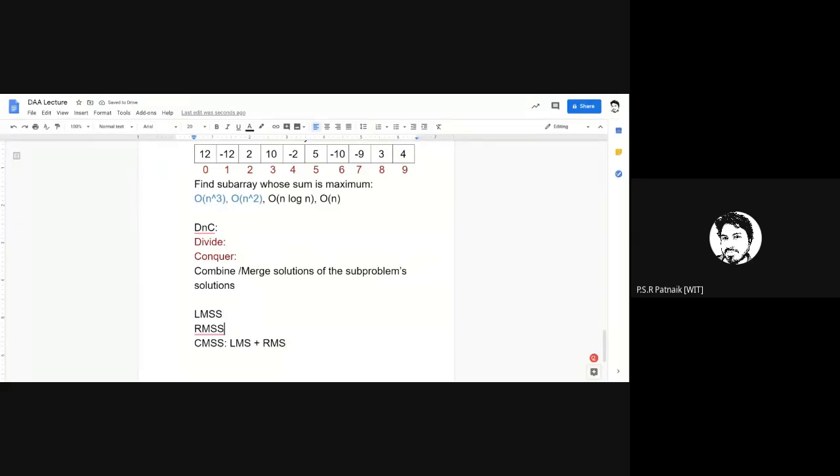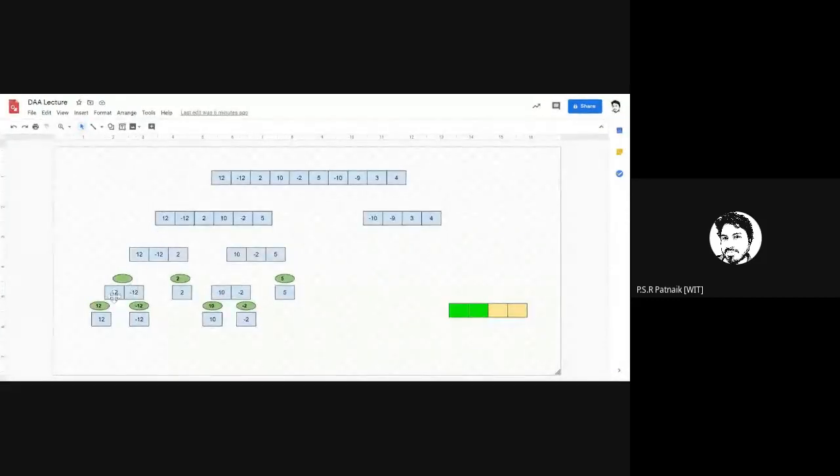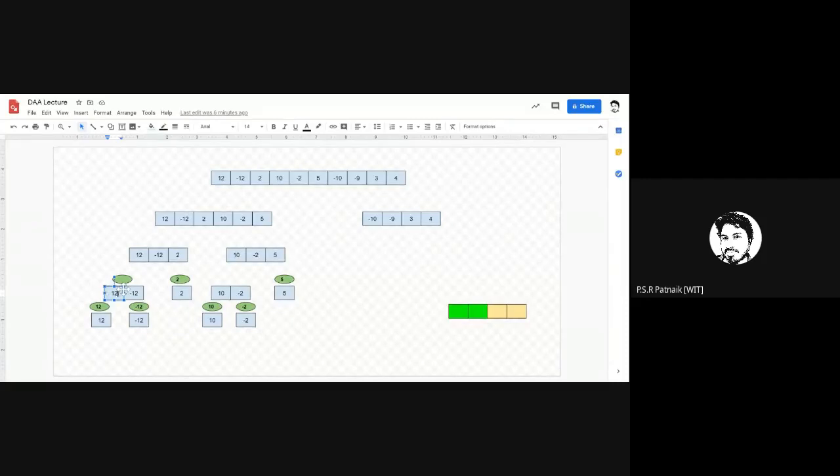So what is left max sum and right max sum? Here we calculate the maximum sum on the left side.